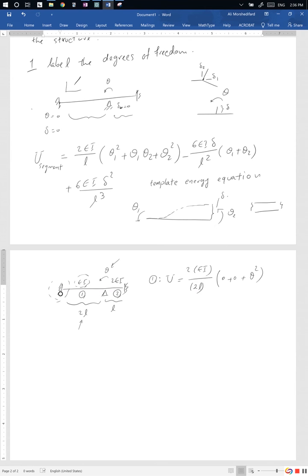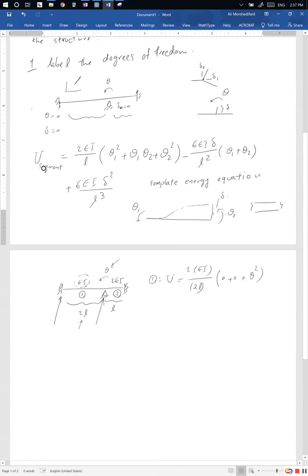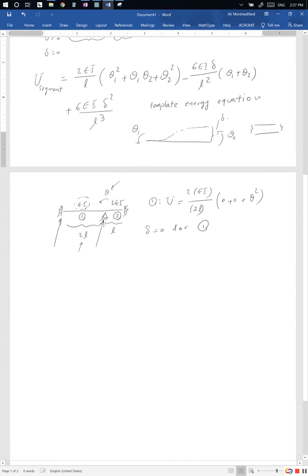Do we have differential delta for this? You can see the right end does not move up or down because of this pin support, and the left end, again, doesn't move up or down, so you have delta 0 for segment 1.